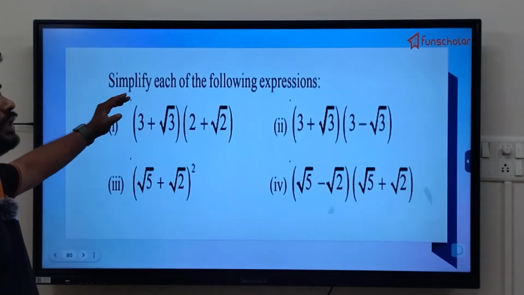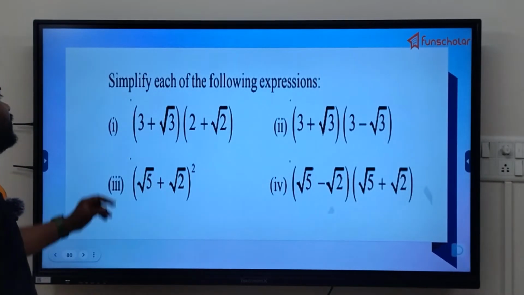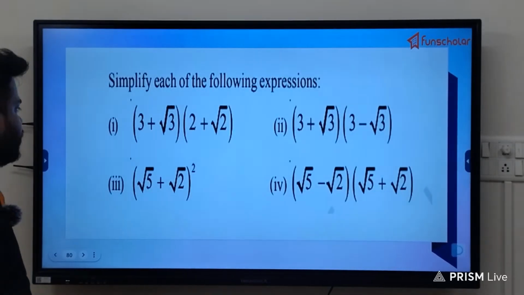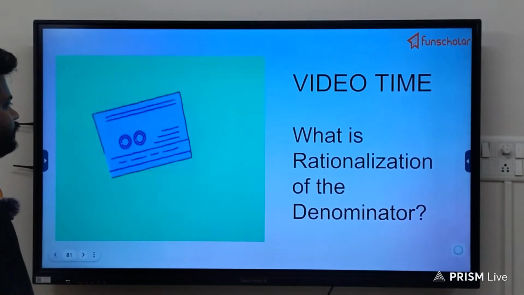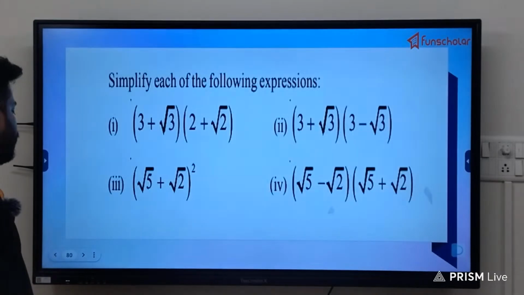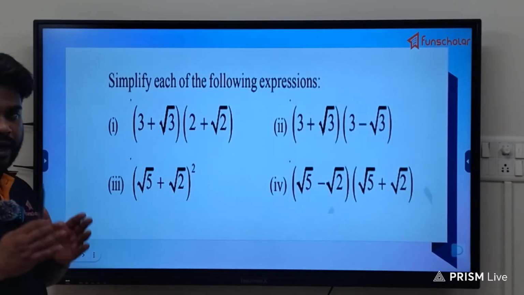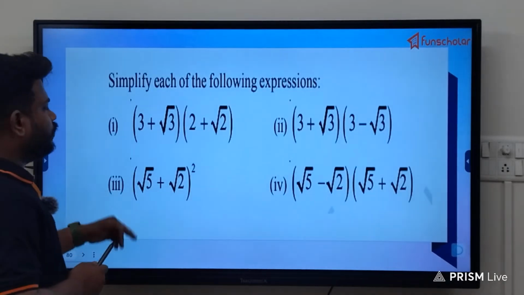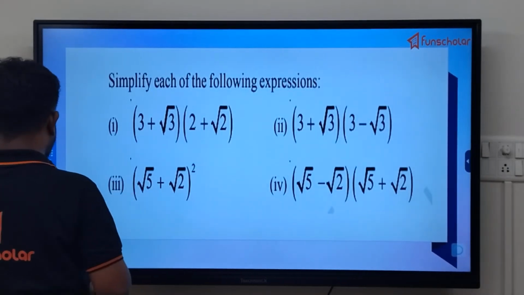Here they have given us some simplification: simplify each of the following expressions. You all can try the others at home, but let me do number 3 for you.